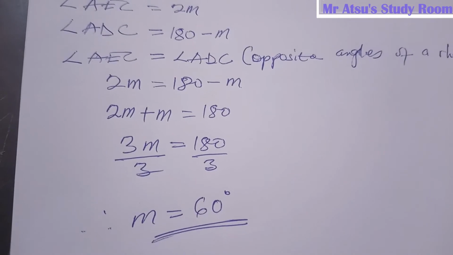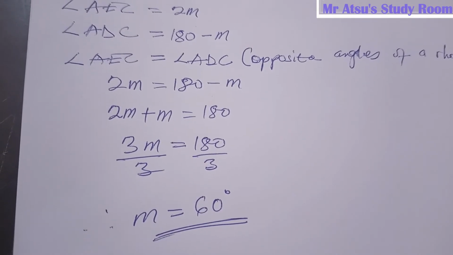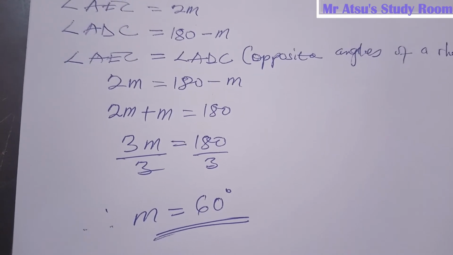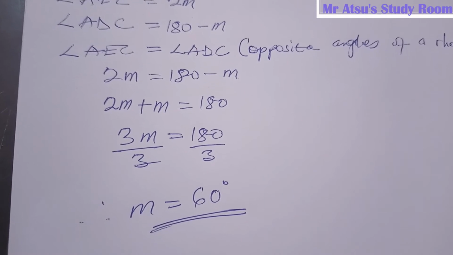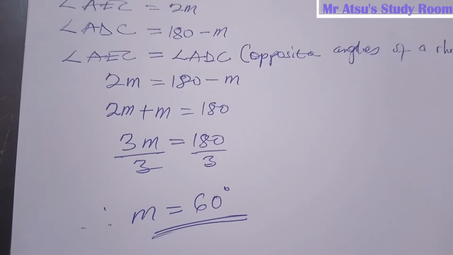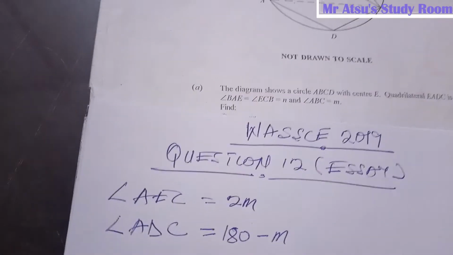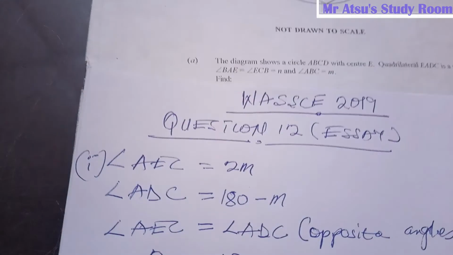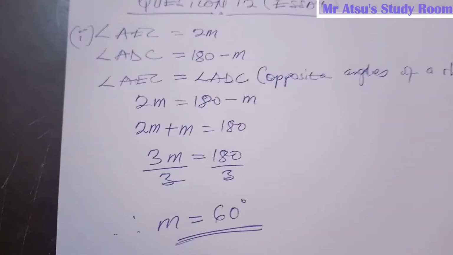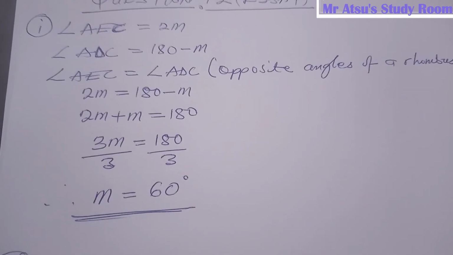So from that, it means that the value of our m is 60 degrees. And that is our answer. Let's see if we can now find the value of our n. Let me just make here Roman numeral 1, so question I. Let's go and find the value for our n now.